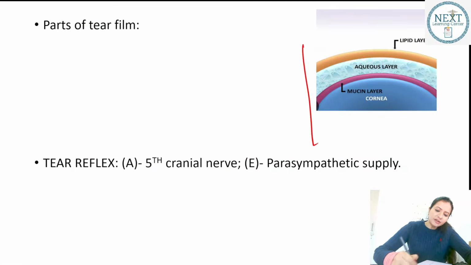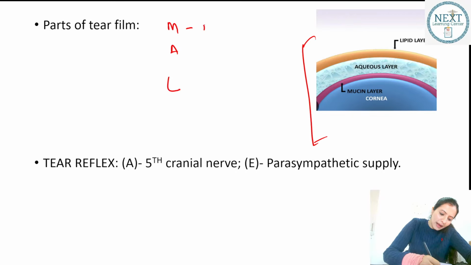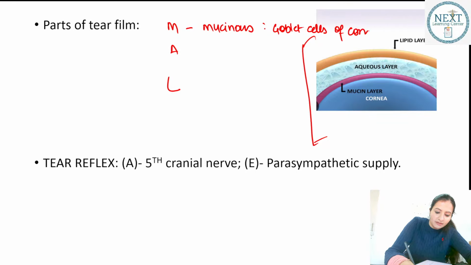Moving on to tear film, we have got three parts of tear film. Mnemonic is MAL. M stands for the mucinous layer, which is secreted by the goblet cells of the conjunctiva. A stands for the aqueous part, L stands for the lipid part.